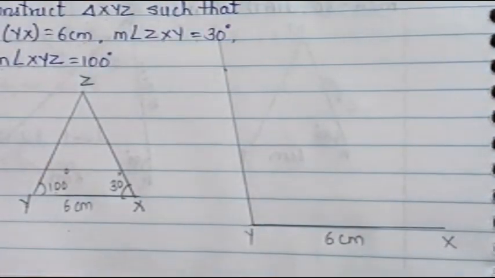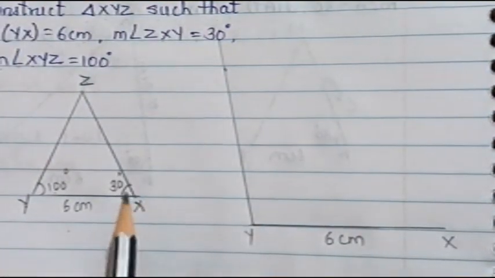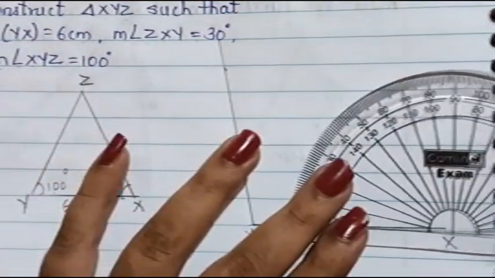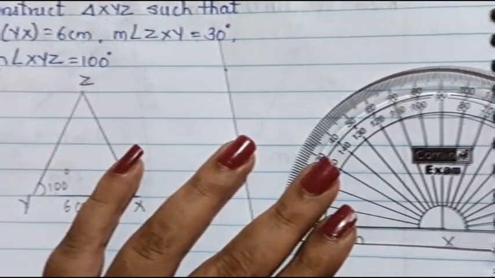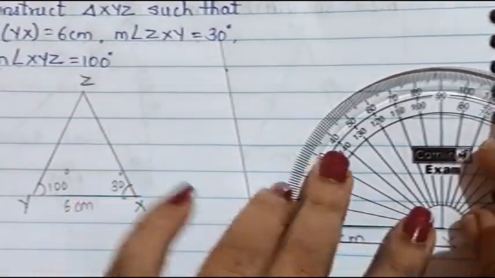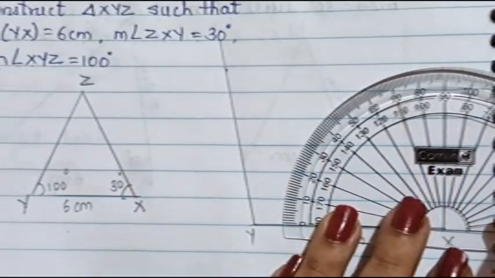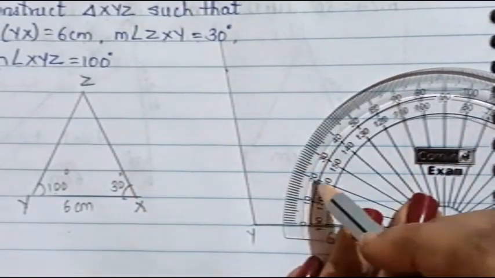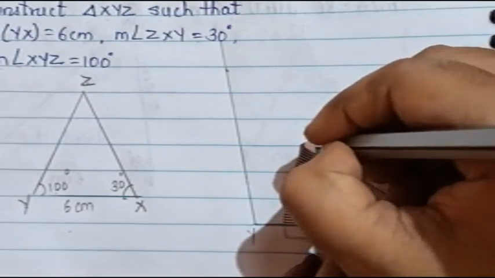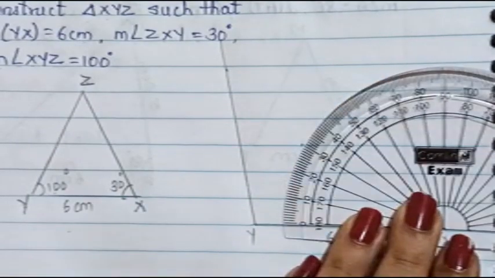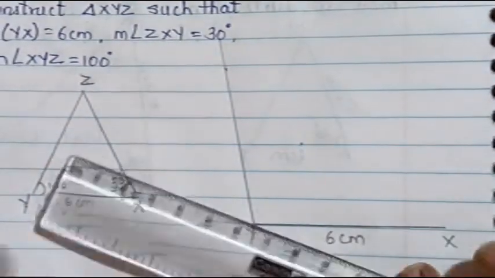Okay, the next point is 30 degree. So you'll again place the center of the protractor over here, and then you will see where is the 30 degree. 0, 10, 20, 30, it's here. So I have made the point, and then you will draw a line again.